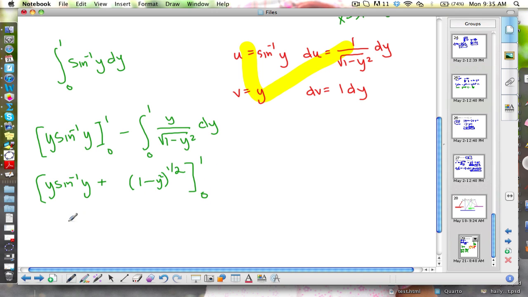Okay, so now let's plug in 1. So that's 1 sine inverse of 1 plus, plug in 1 here, we're left with 0. So that's plus 0 minus, plug in 0, that whole thing is gone, and plug in 0 here, we have 1.